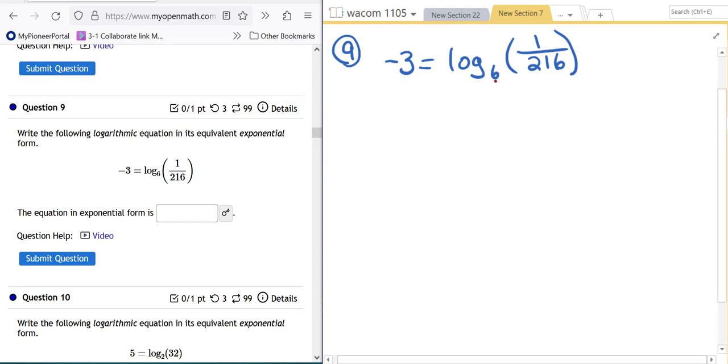We're going to go around the equals. Start at your base: 6 to the negative 3 equals 1/216. So my new form is 6 to the negative 3 equals 1/216.